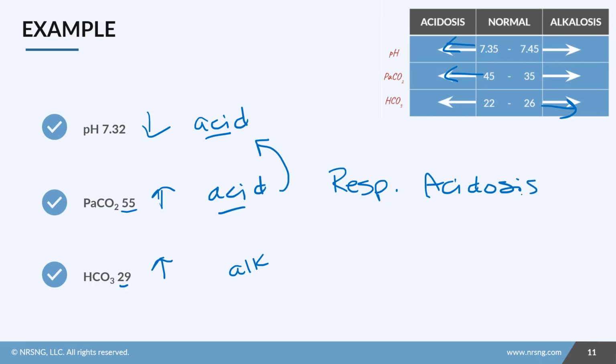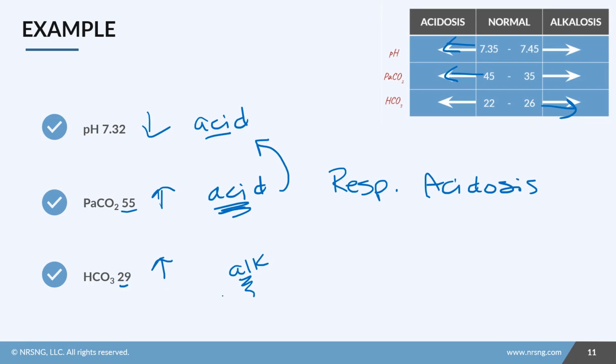Now we can move on to step 3. Is there compensation? Well, again, the first indication of compensation is that the PaCO2 and the bicarb are both abnormal and showing opposite conditions. Do we see that here? Yes, the CO2 is high, showing acidosis. The bicarb is high, showing alkalosis. They're showing opposite conditions.